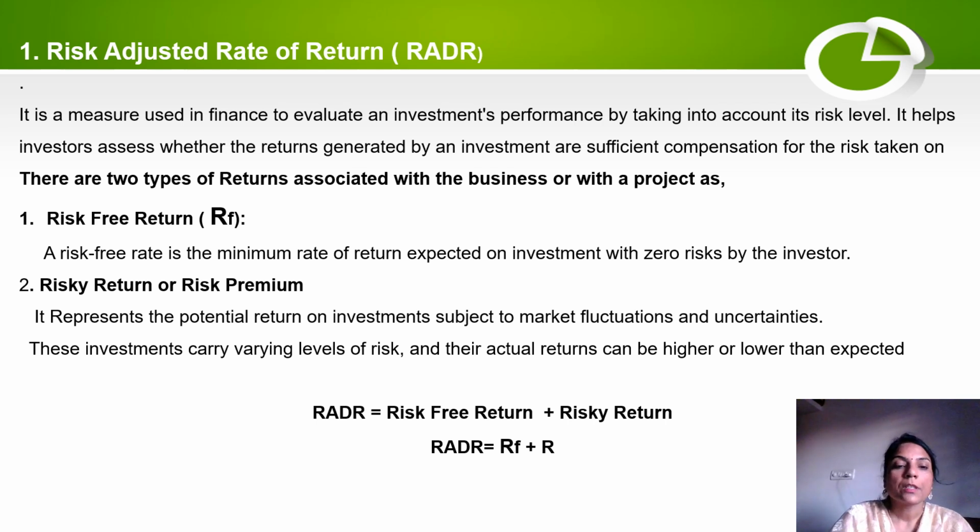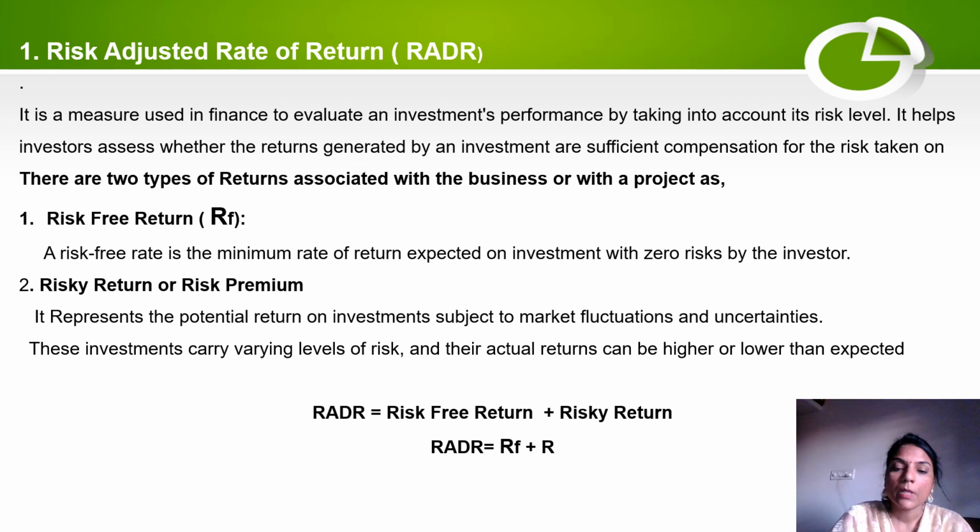The risky return or risk premium represents the potential return on an investment subject to market fluctuation and uncertainties. These investments include various levels of risk and their actual returns can be higher or lower than the expected return.